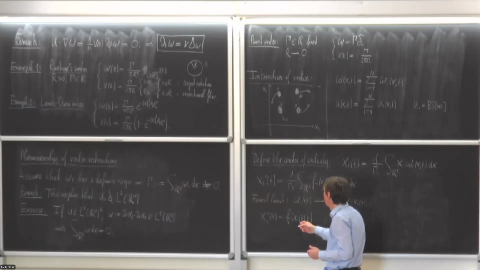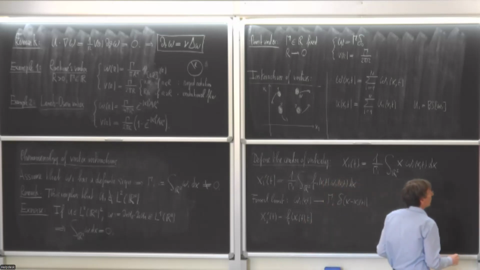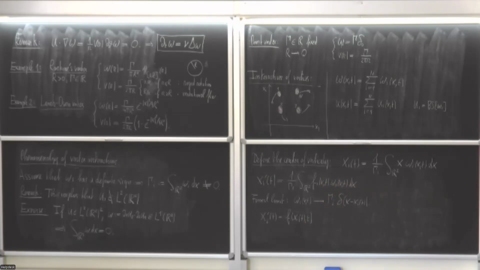But now in the same limit, this fi, I recall, was the sum of the uj, where uj was the Biot-Savart law applied to omega j. For Dirac masses, we know exactly what the velocity field is. This is the limit that I mentioned here.